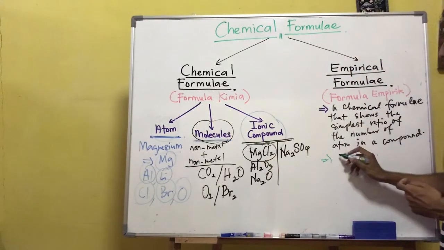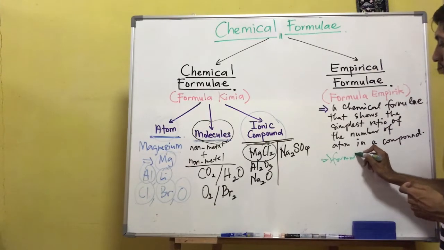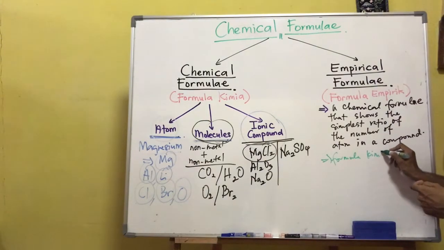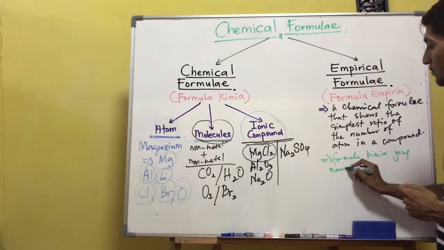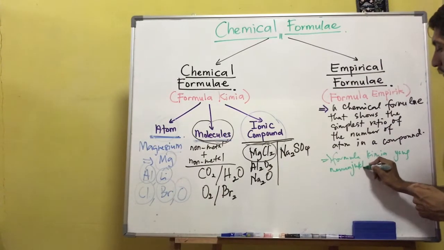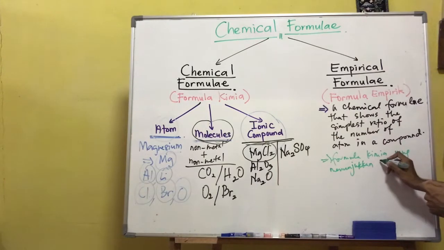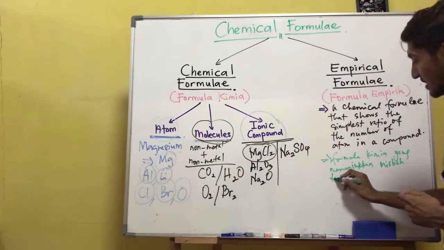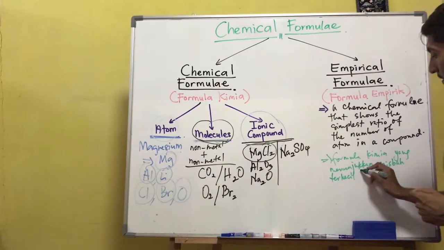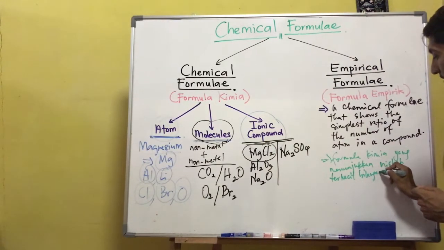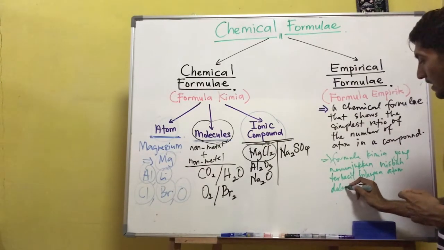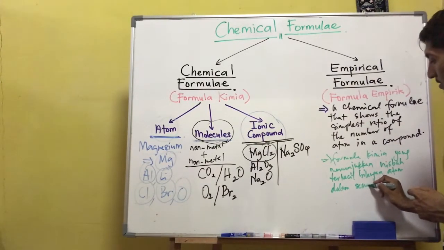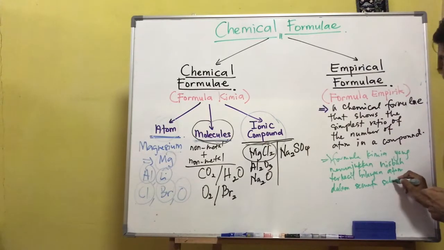Okey, dalam bahasa Melayu kita akan sebut sebagai formula empirik ialah formula kimia yang menunjukkan nisbah terkecil bilangan atom dalam sesuatu sebatian.